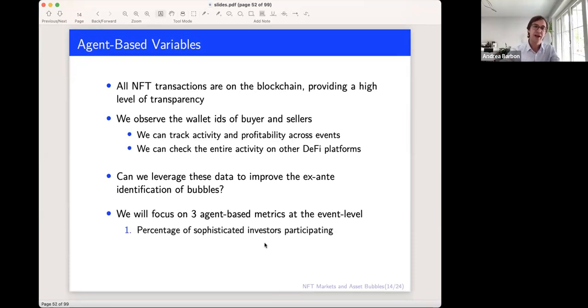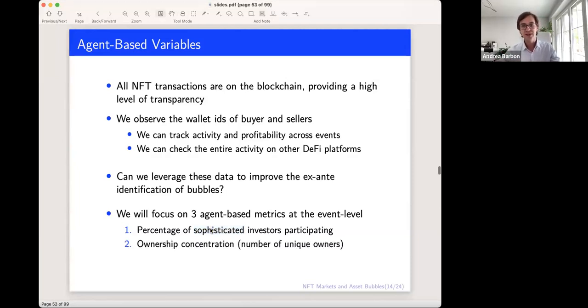The first one is the percentage of so-called sophisticated investors participating in a run-up event. Okay, so first of all, we'll define who are the sophisticated investors, and then we will test whether when you see that so many sophisticated investors are participating, the probability of the following crash is higher or lower.